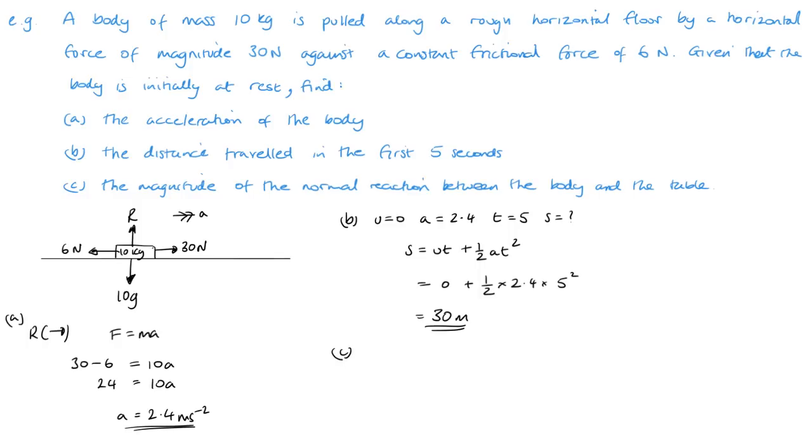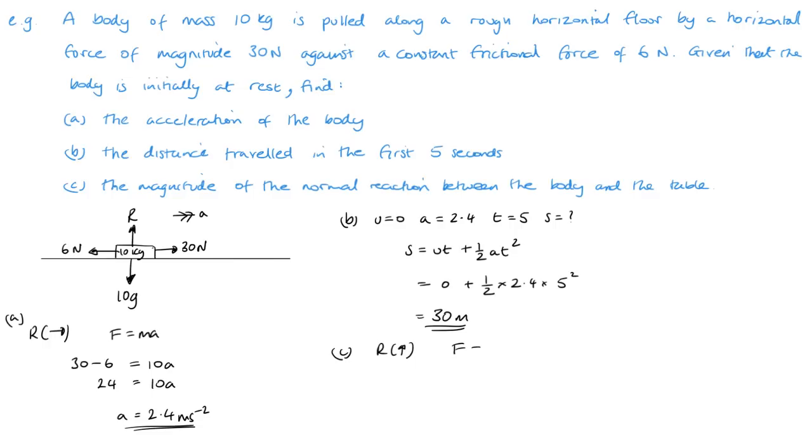Okay, C, the magnitude of the normal reaction between the body and the table. So for this, we are resolving vertically. There's no acceleration vertically, so R is just going to equal that 10g.